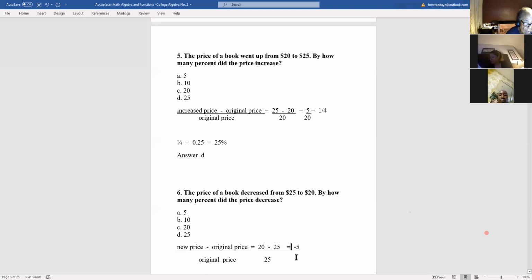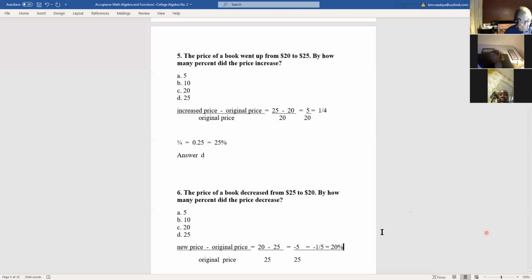Minus 5 over 25, what's that equal to? One fifth. So it's minus 1 over 5. And what percent is 1 over 5? 20%.